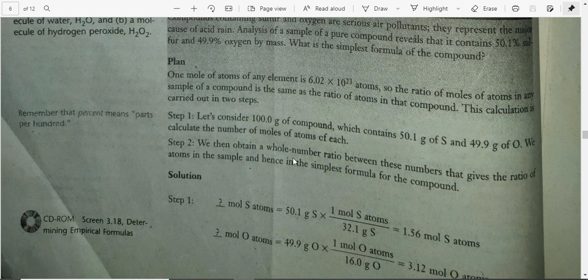So kaya may 50.1 ka na sulfur, can write it as 50.1 grams of your sulfur. Then you have 49.9% of your oxygen, can write it as 49.9 grams of your oxygen. Okay, given that it is in a ratio, therefore may ratio ka nga makuha, using your mole.